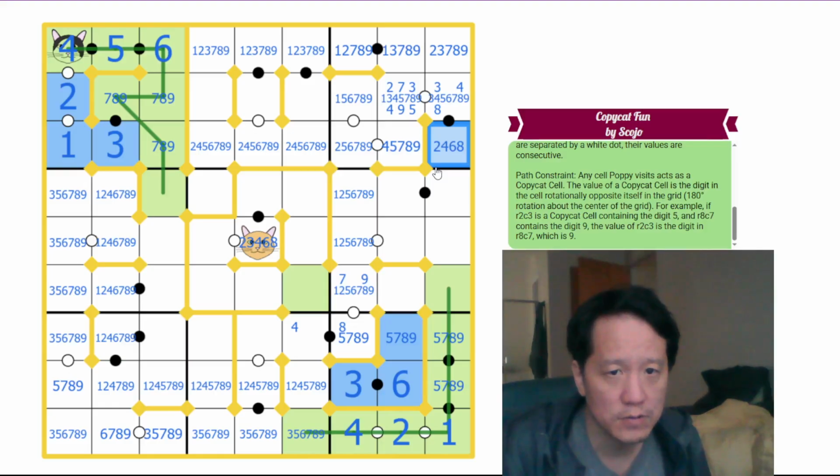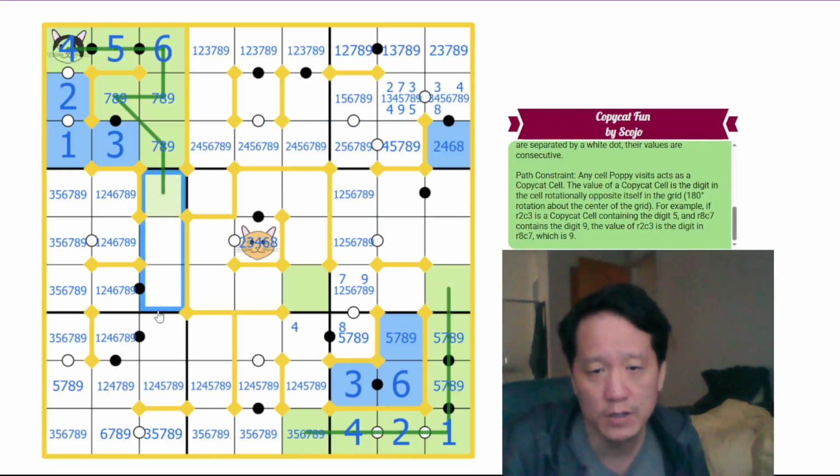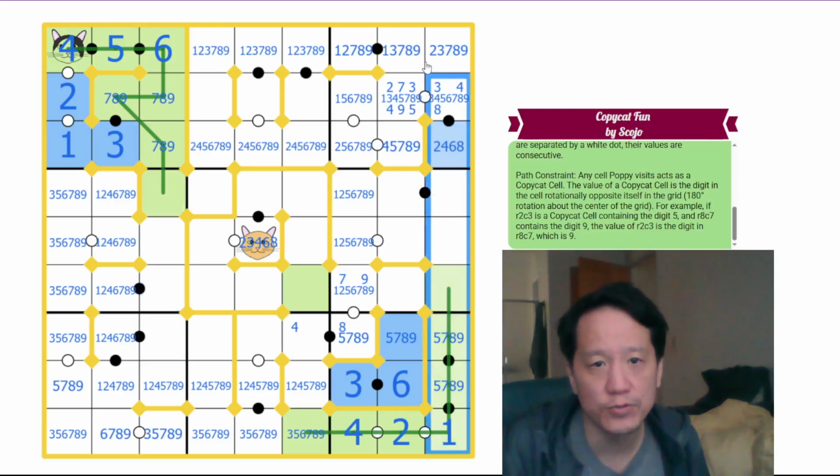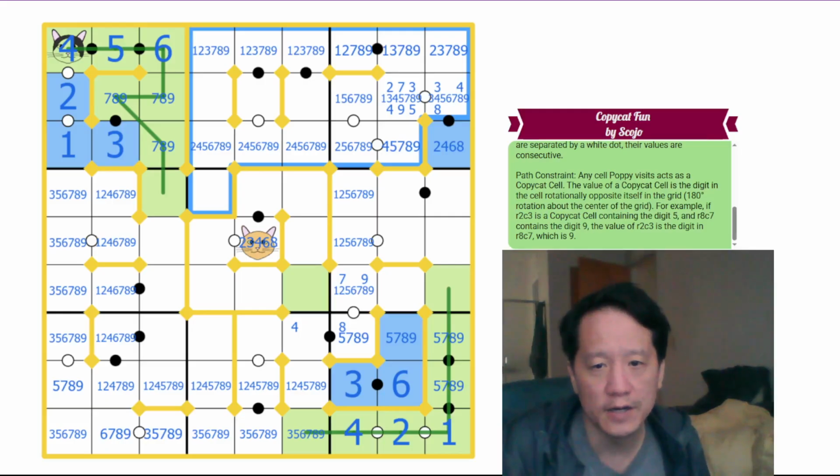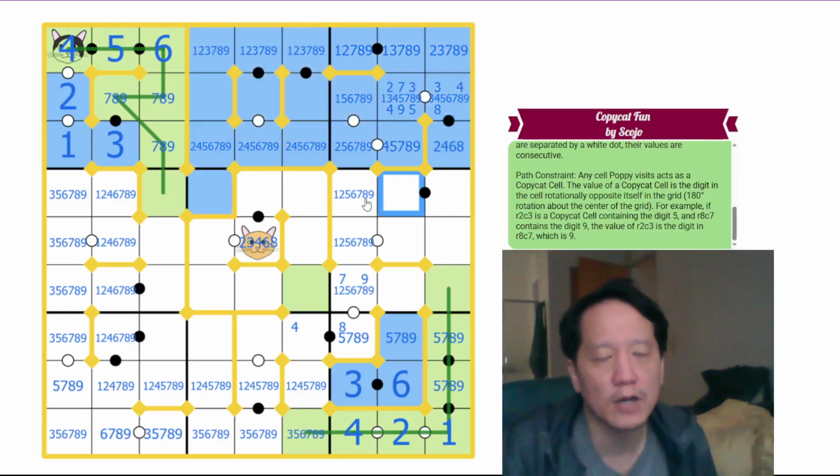Let's assume it doesn't go this way. If it goes this way, we are guaranteed this cannot go through this portion here. So then all of these would be essentially non-copycat.